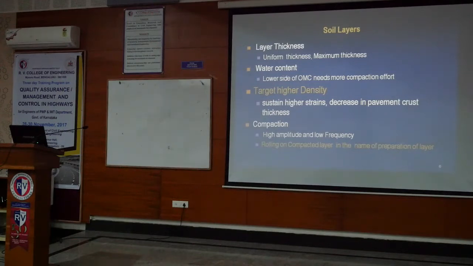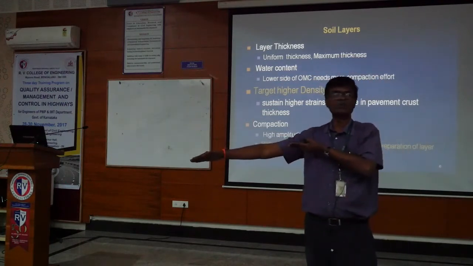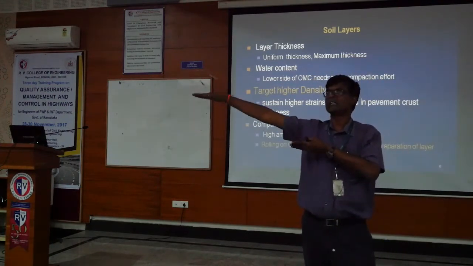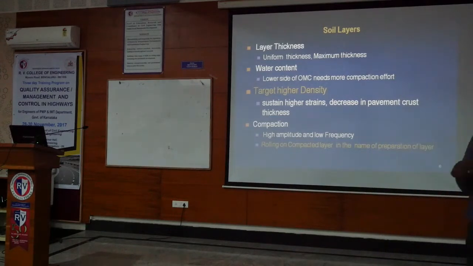One is thickness should not be more, for soil layers. The second thing is uniform thickness. Here I got 200, and then next I got 150, next I got 190, next I got 220. That is also not good, to be precise. So I do not get uniform density all along.